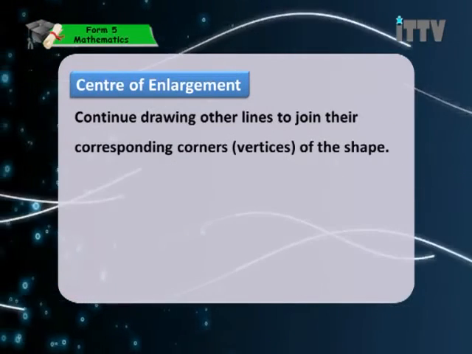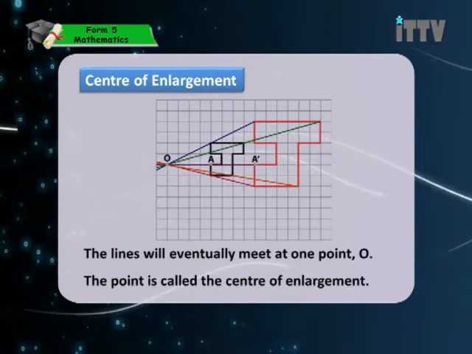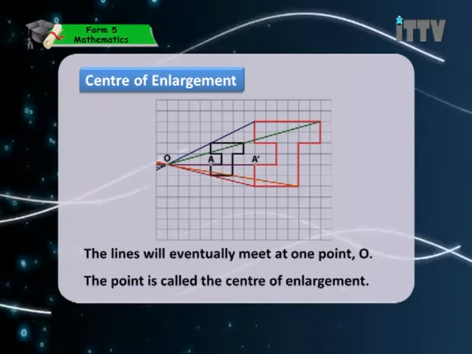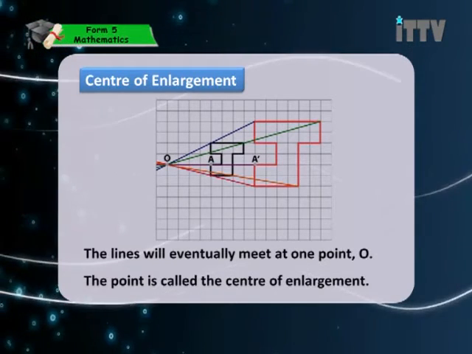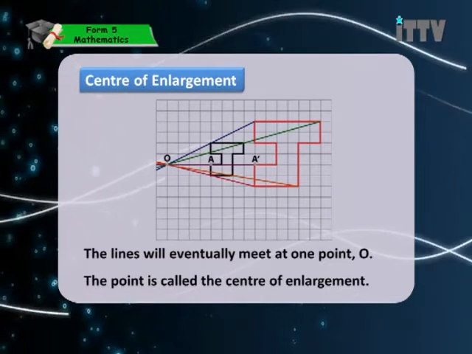Continue drawing other lines to join their corresponding corners or vertices of the shape. So what will we get? The lines will eventually meet at one point, O. The point is called the center of enlargement.